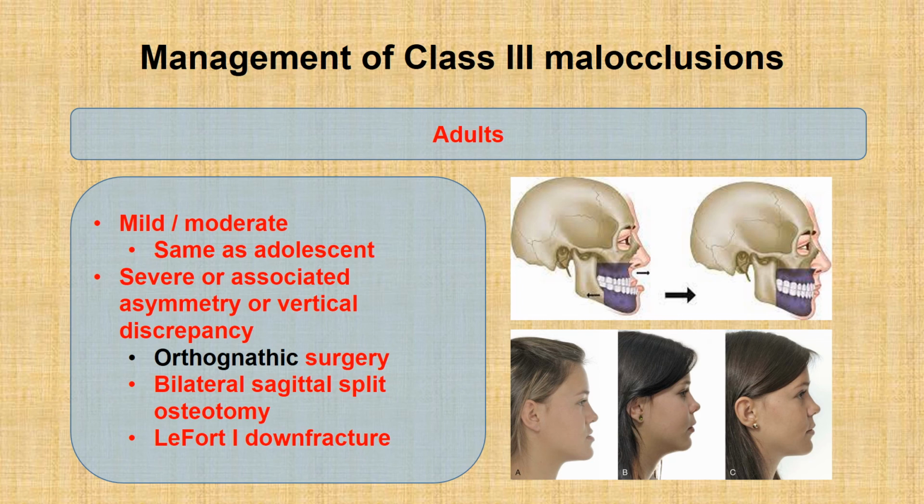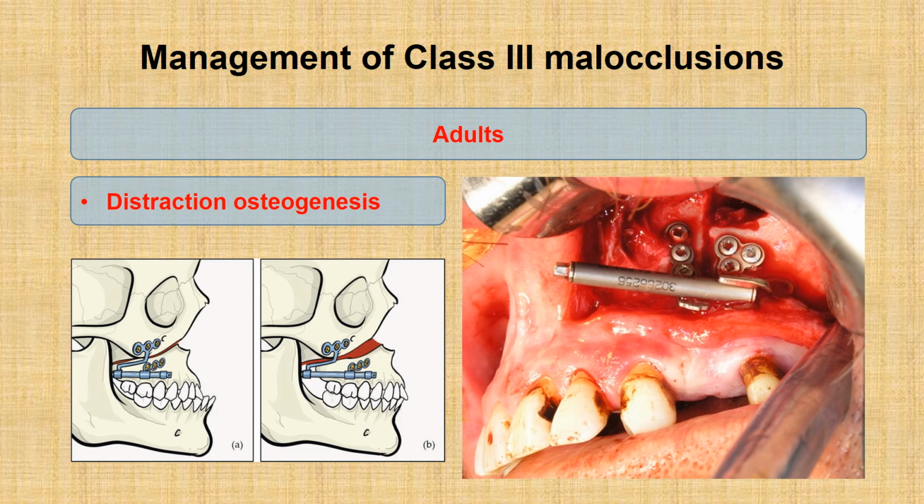Okay, in the lower jaw, the most common procedure done is the bilateral sagittal split osteotomy, whereas in the maxilla, the procedure that is commonly done is the Le Fort 1 down fracture. Now, another modality that can be utilized to correct a skeletal discrepancy in adults is to undertake distraction osteogenesis, whereby the maxilla is distracted to induce the maxilla to grow further.